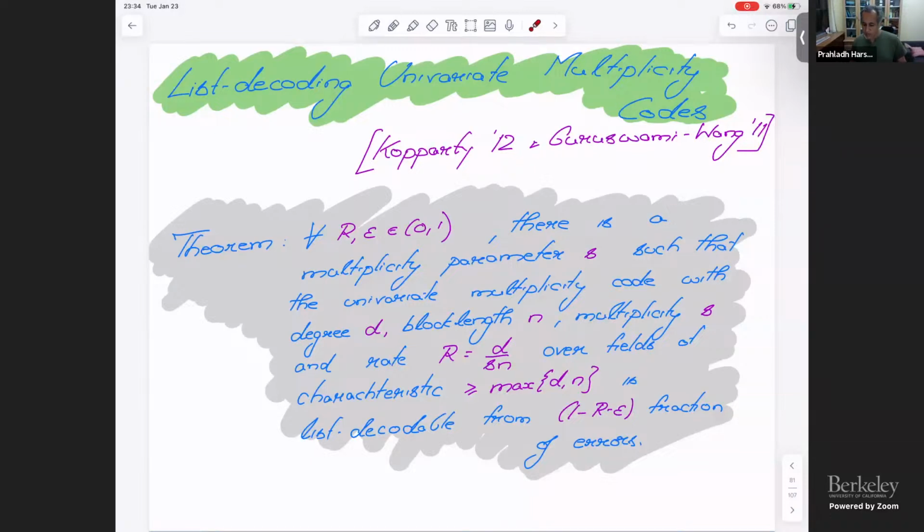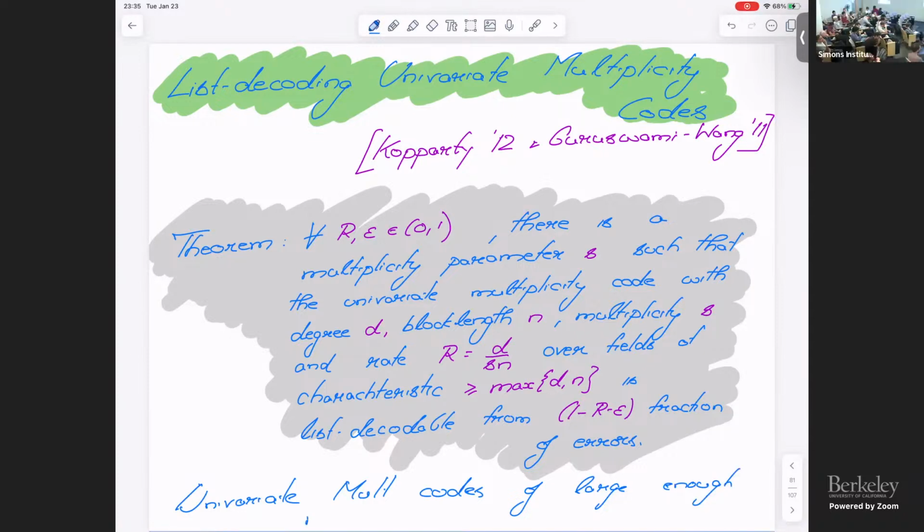This basically says that univariate multiplicity codes of large enough multiplicity are list decodable to capacity.